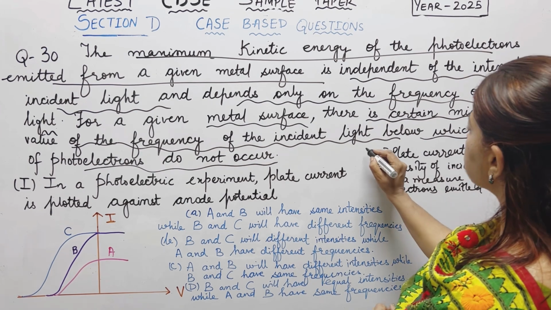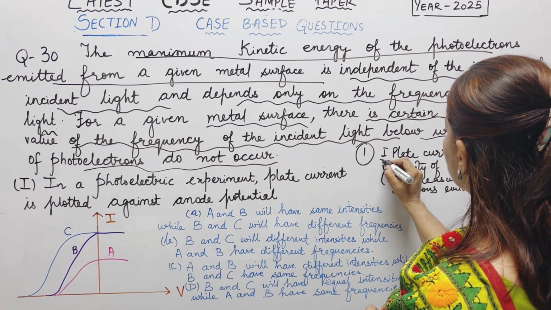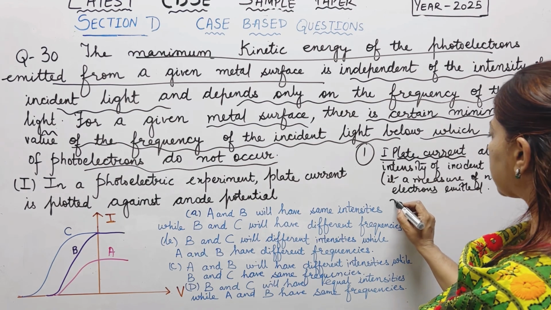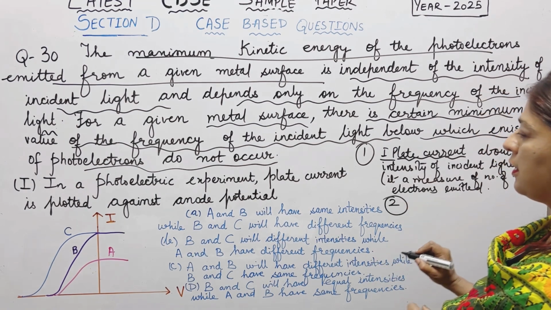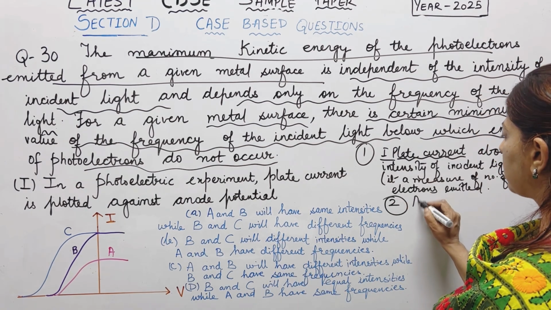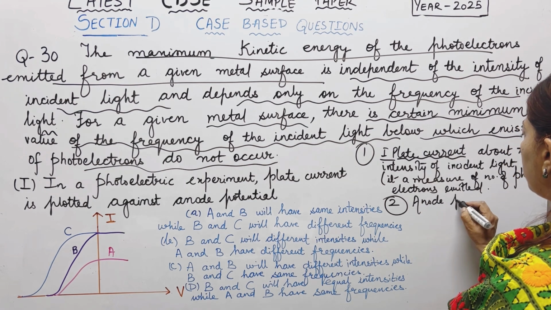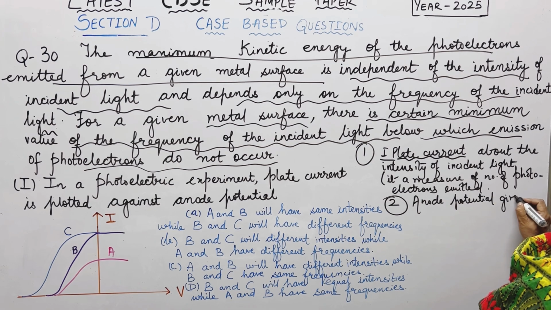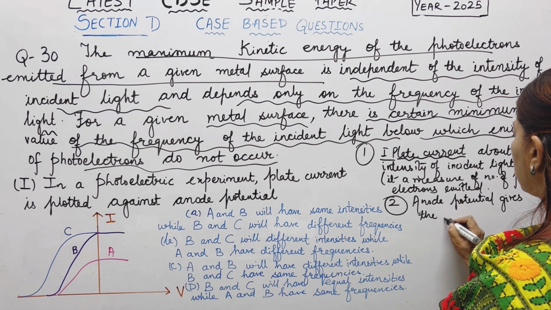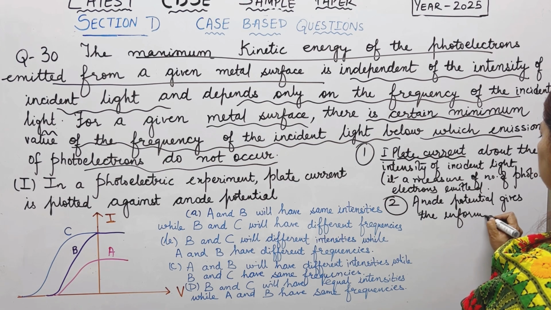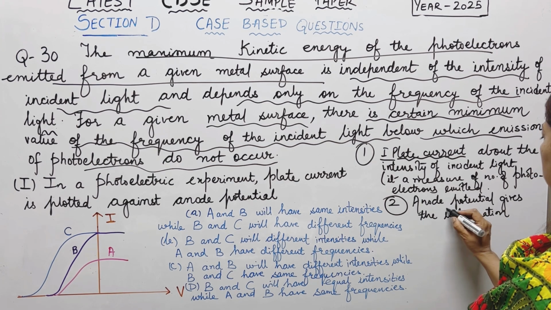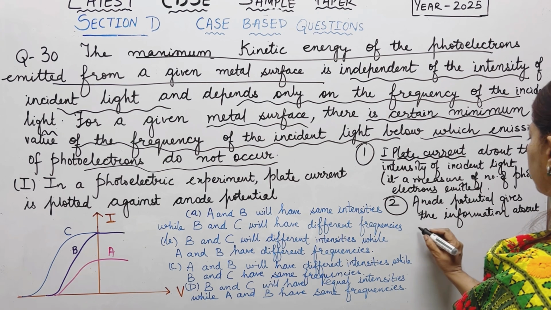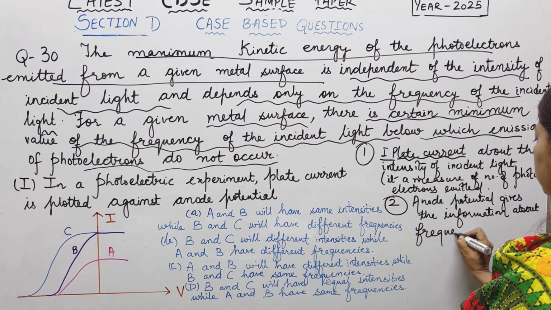This is the first concept, about the I, that is the plate current along the y-axis. And the second concept is that the anode potential, also called the stopping potential, gives information about the frequency of incident radiations.